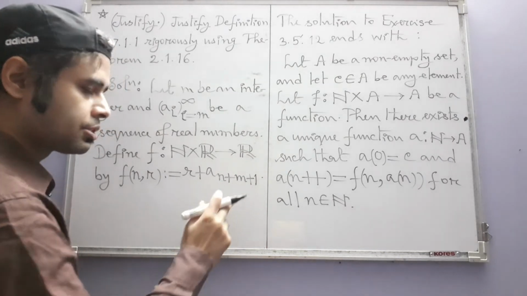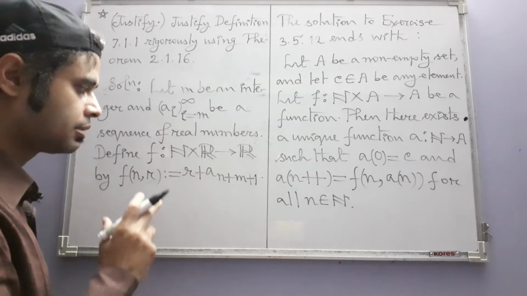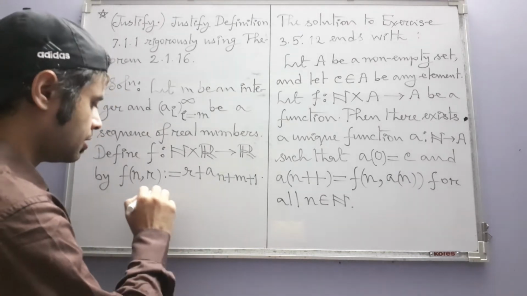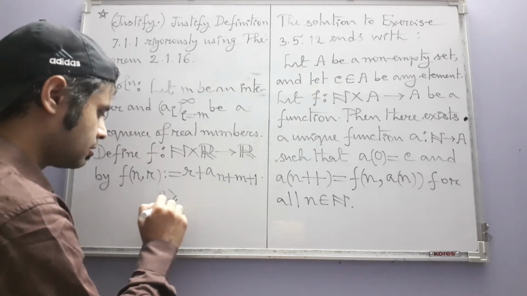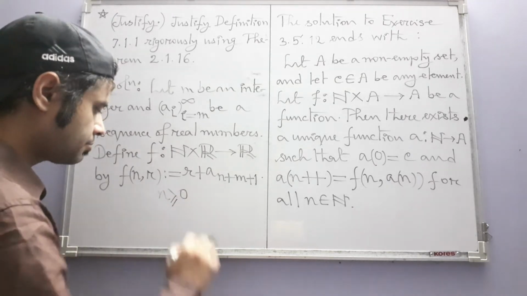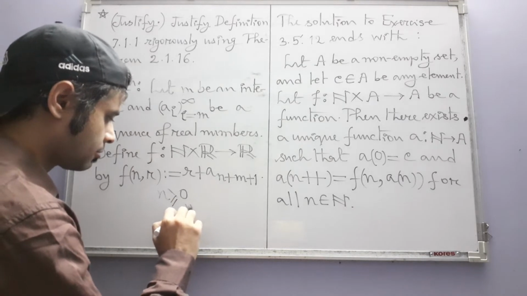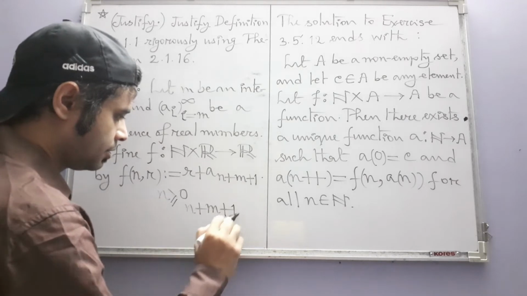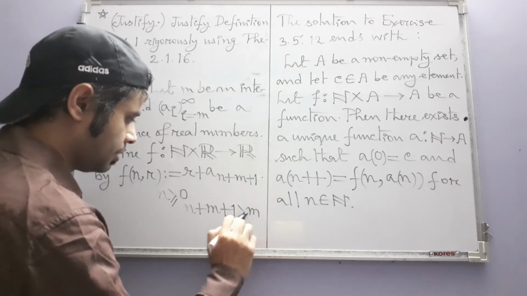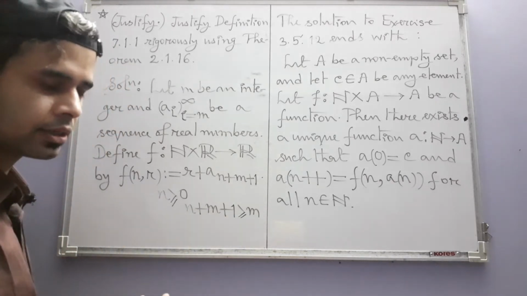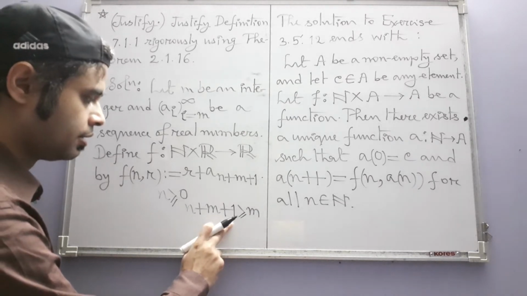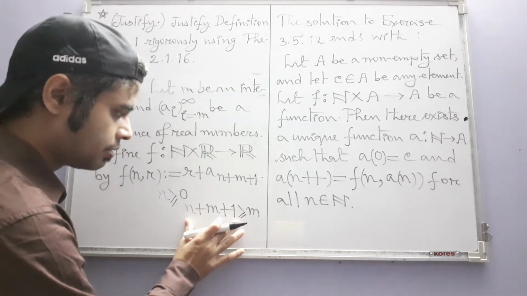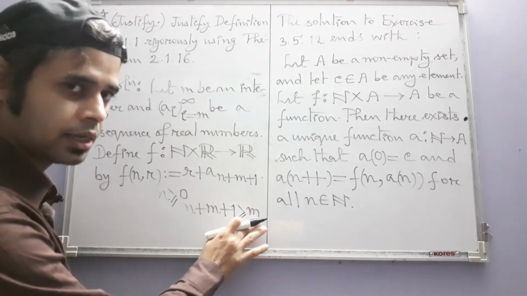So n plus m plus 1 is also going to be an integer, but not just any integer. Because n is a natural number, n is greater than or equal to 0. So that means n plus m plus 1 is greater than or equal to m. In fact, it is strictly greater than m because we have plus 1 here. So this n plus m plus 1 is an integer greater than m.